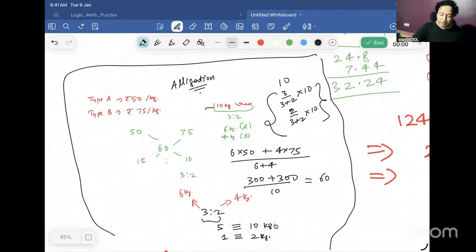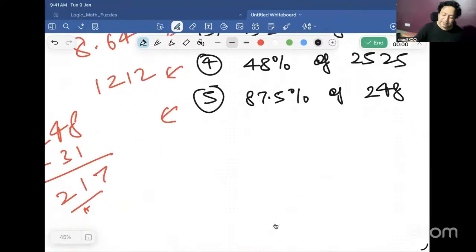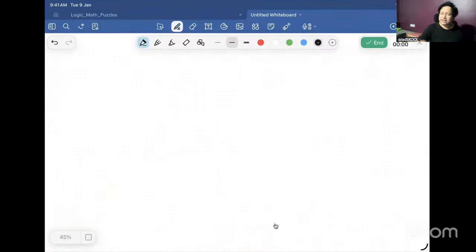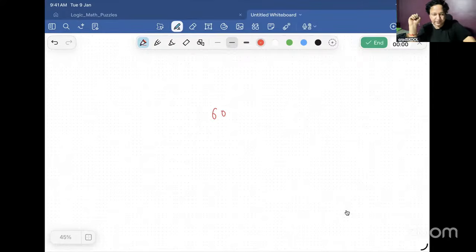Noted. Okay, cool. Now, in alligation, there is one more thing which I saw once. I reflected upon it and I got to know something real and interesting. In the same example, where 60 rupees per kilogram wheat was required by Rudrakshi. Rudrakshi don't mind, right? Or do you?